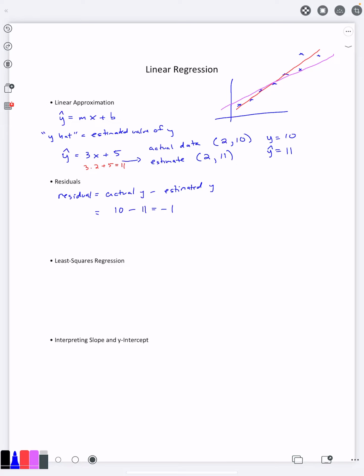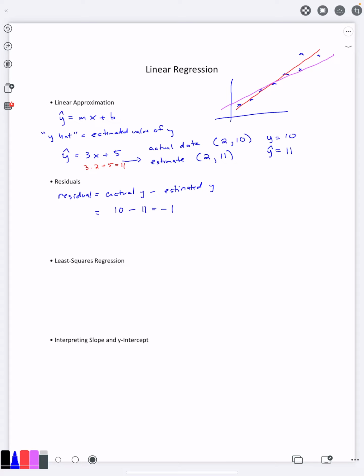So that means that one data point is off by 1 unit, and it's actually overestimating, right? The estimate is higher than the real value. It's overestimating it there, off by 1, but that's the residual. Now, when you draw your line, sometimes you're going to overestimate, sometimes you're going to underestimate, so sometimes your residuals will be positive, sometimes your residual will be negative.